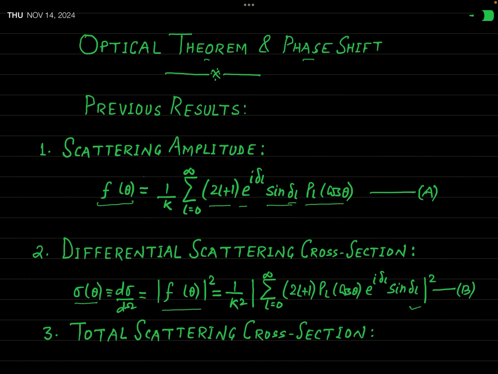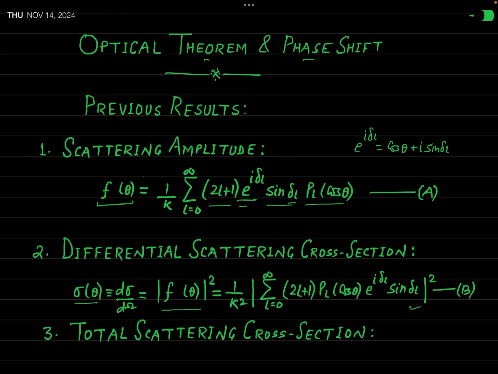You can see the expression for the scattering amplitude. This expression contains the factor e to the power i delta L, and you know e to the power i delta L equals cos delta L plus i sine delta L. It means f of theta is a complex quantity.